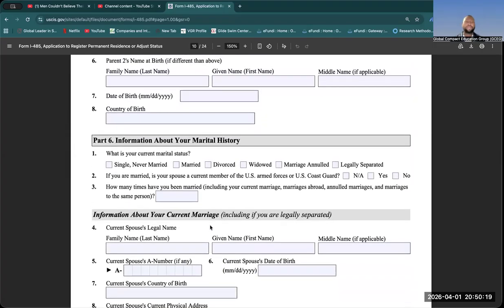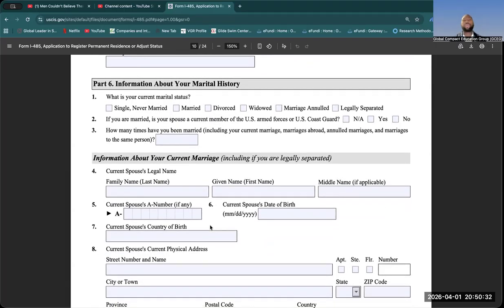Marital history: if you've been married a couple of times, you need to be honest and truthful about it. Remember, you need to be very forthcoming with the USCIS because anything that comes out as a lie will be queried, and if they find anything misleading, then you'll be off the case.